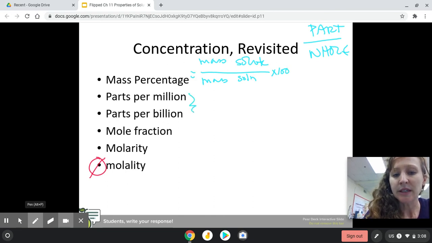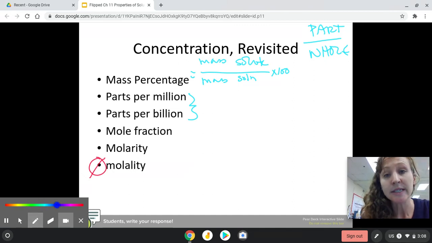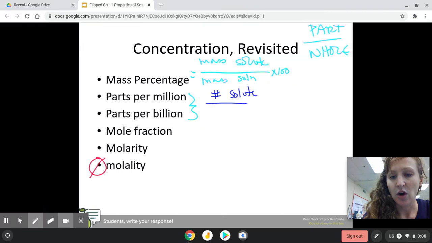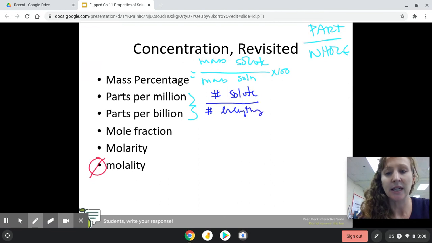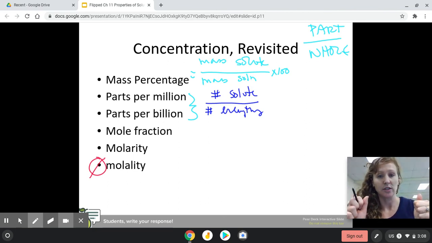Parts per million and parts per billion, these are counted parts. So it's going to be the number of your solute over the number of everything. So again, this is solute over solution, which is everything. Solution is solute and solvent added together.